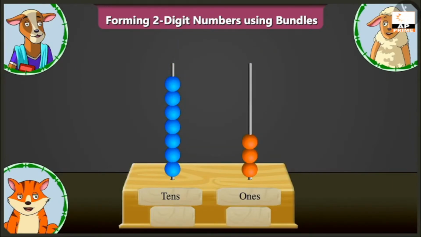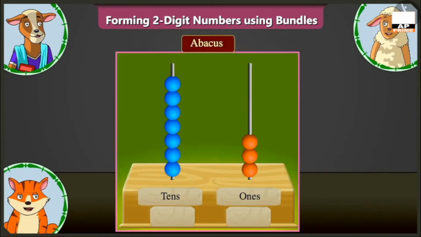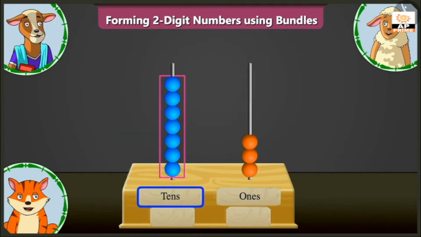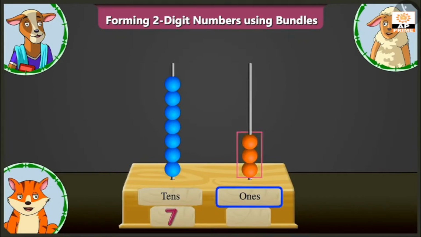Lily, you tell us. In the abacus given here, in the tens box, there are 1, 2, 3, 4, 5, 6 and 7 beads. So in the tens box, we have to write 7. Very good. Now, in the ones box in the abacus, there are 1, 2 and 3 beads.